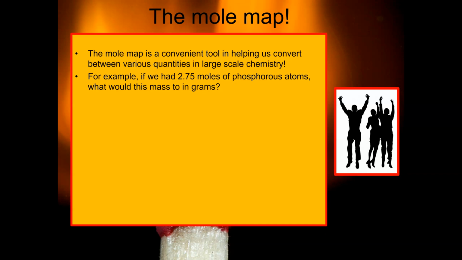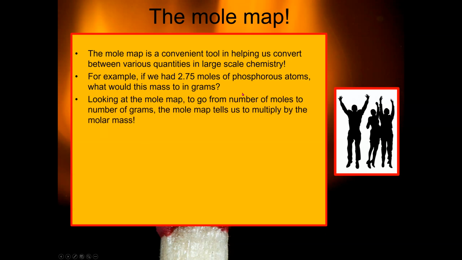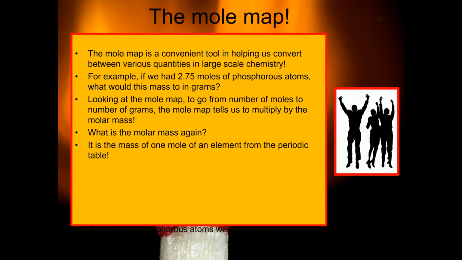So if we had 2.75 moles of phosphorus atoms, we look at the mole map, we should be able to go from moles to number of grams. It tells us to multiply by the molar mass. So the molar mass is the mole of an element from the periodic table. So phosphorus atom weighs 30.974 AMU.